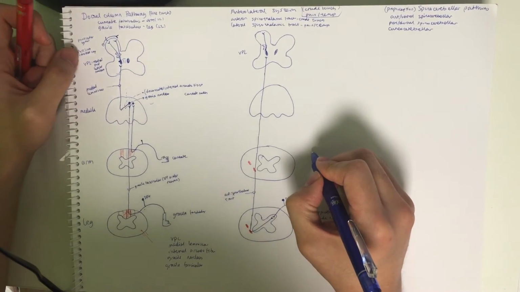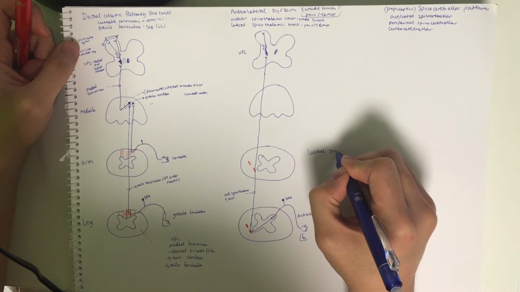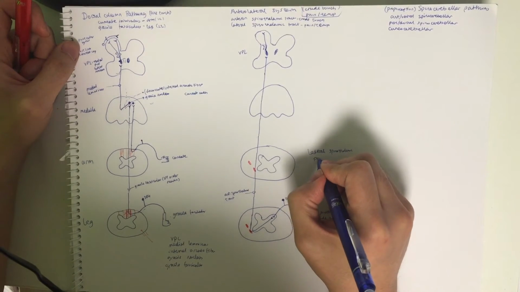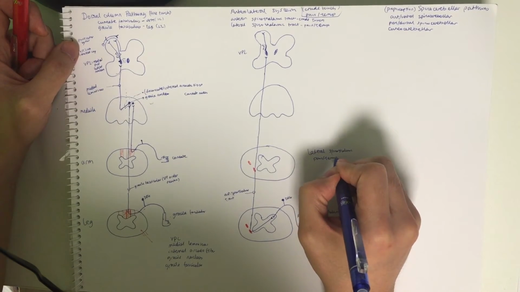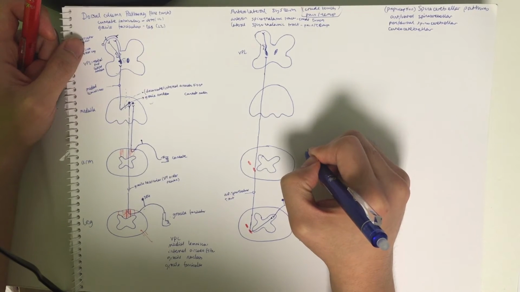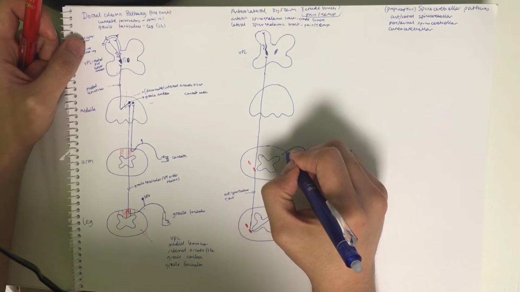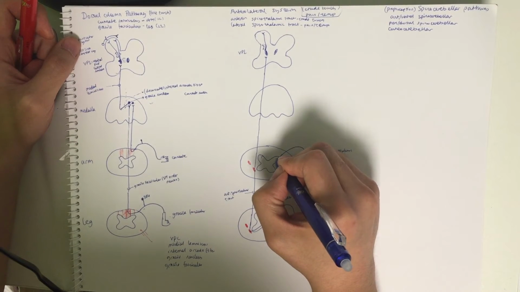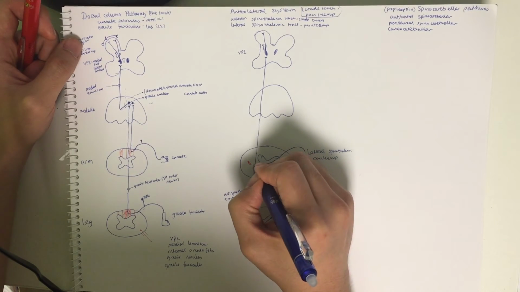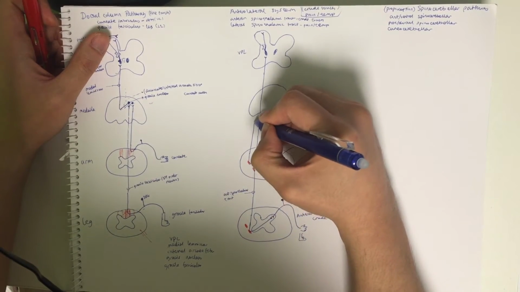Now let's take a look at the lateral spinothalamic tract. And what is it for? Pain and temperature. Now, I can draw the hand and foot, it doesn't matter. So at all levels, it will enter. Once it enters through the dorsal root, it will synapse again at the dorsal horn and decussate over, entering the lateral spinothalamic tract.